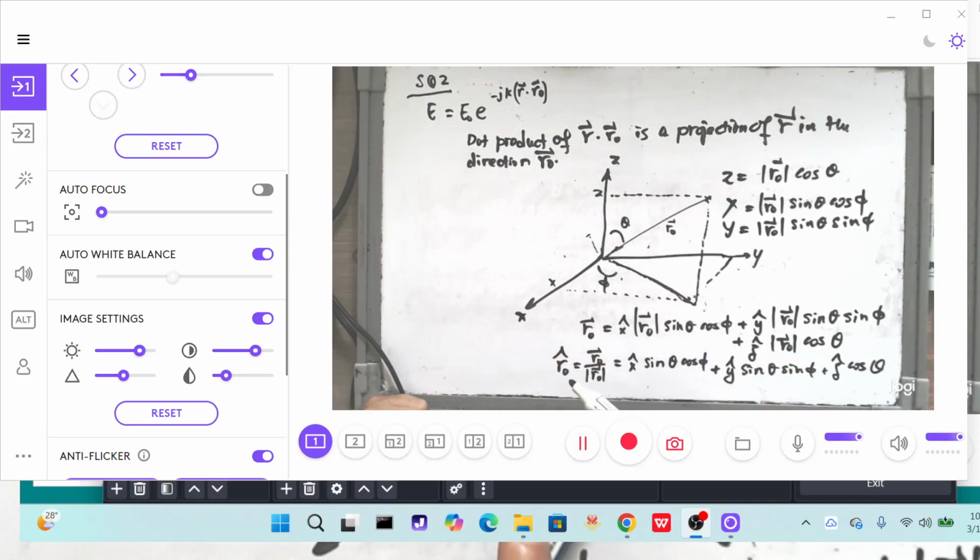And then we find the combined electric field. This is what we can do. Okay, so let's stay tuned.